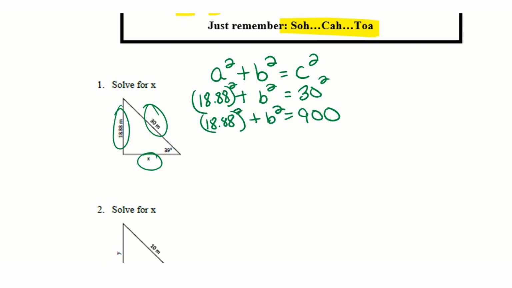Now let me solve for 18.88 squared, and that gives me 356.45 plus b squared equals 900. Well, now I need to get rid of the 356.45, move it to the other side so that b can be by itself. So I need to subtract it on both sides.